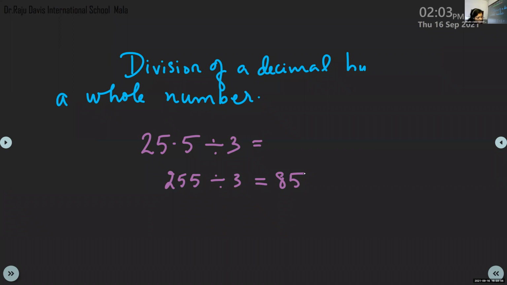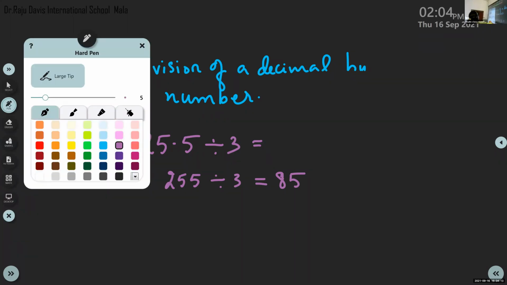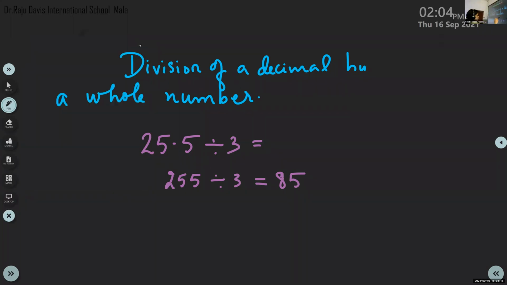Who asked me the doubt? Ashwan? See, if the number we got is less, then we will put a 0, right? 0.085? No. See, check how many digits are there after the decimal point in 8.5. One.